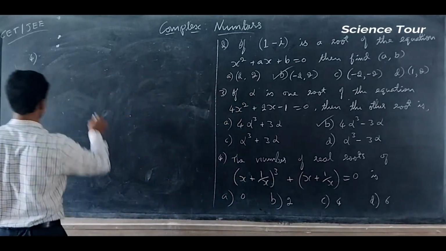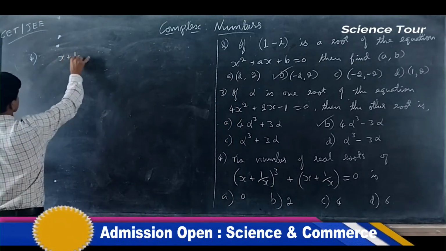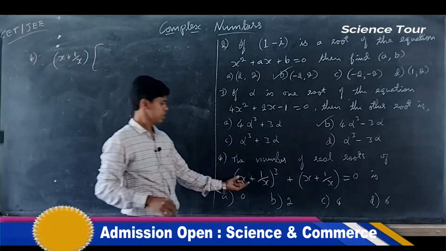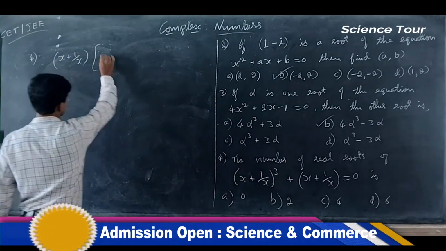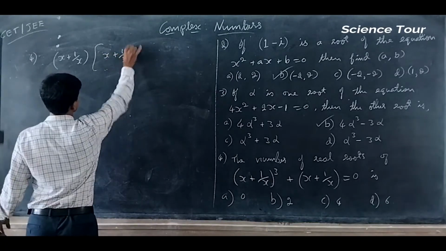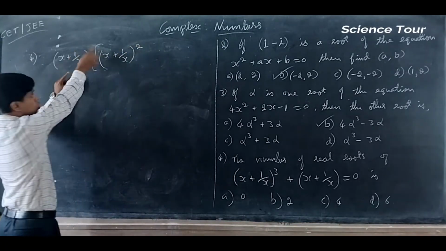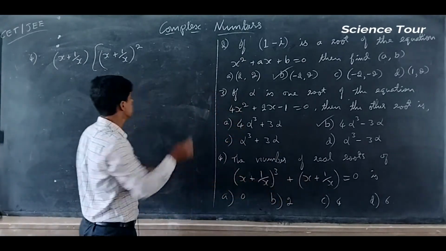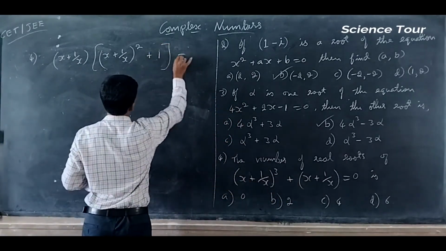We'll take that common first. What remains is the square of that quantity, because totally it was the whole cube. So I have taken it once. Now what remains out of this is just 1, and that's equal to 0.